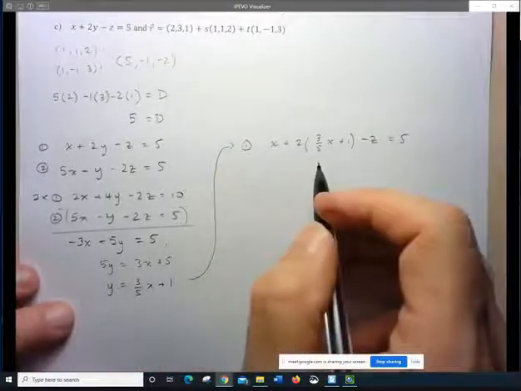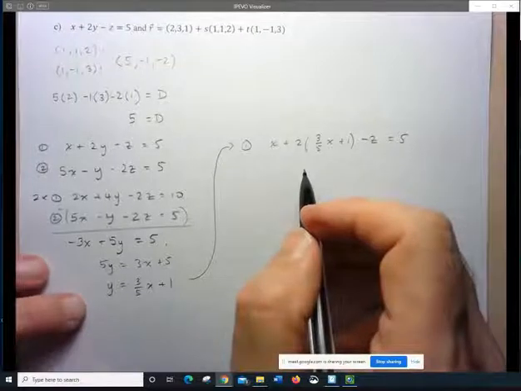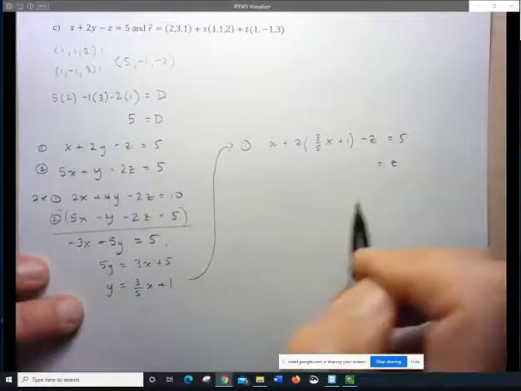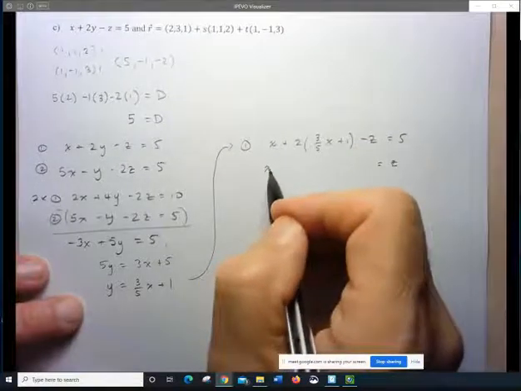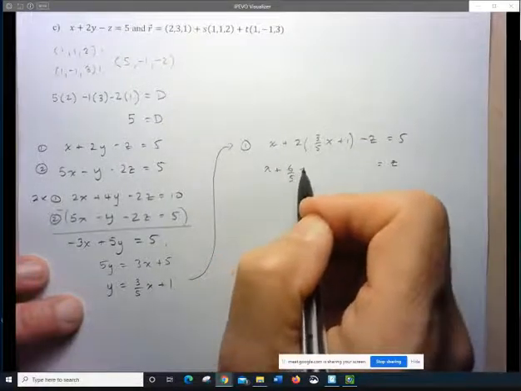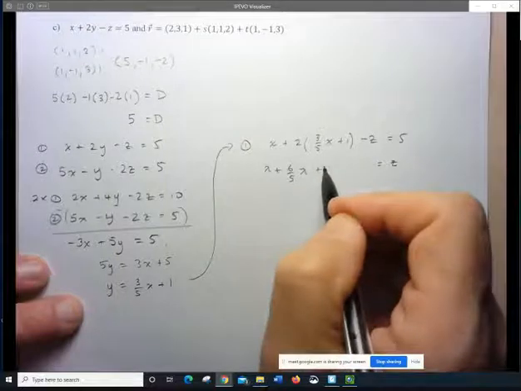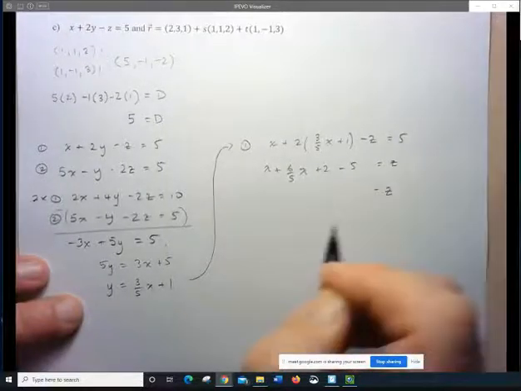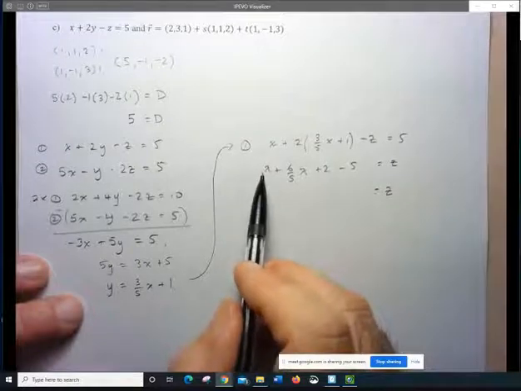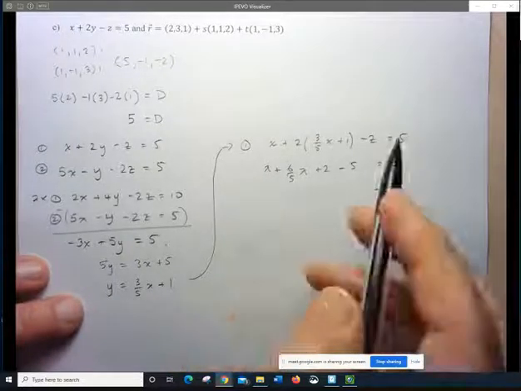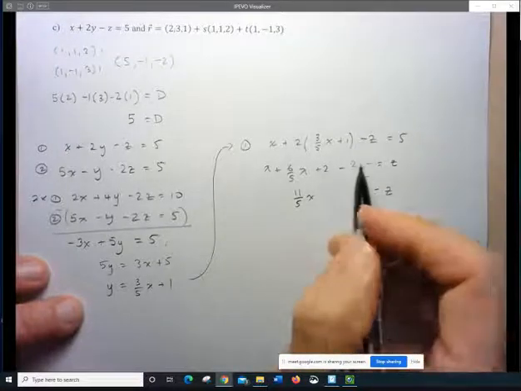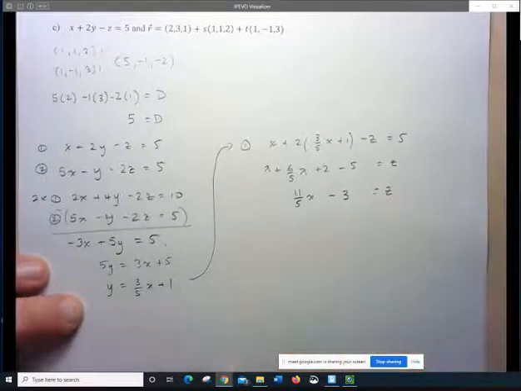Let's simplify and write z in terms of x. First of all, bring the z to the other side. Here I have x plus 6 over 5 x plus 2, and then minus 5. So z is equal to 5 over 5 x plus 6 over 5 x, which is 11 over 5 x. 2 minus 5 is negative 3.